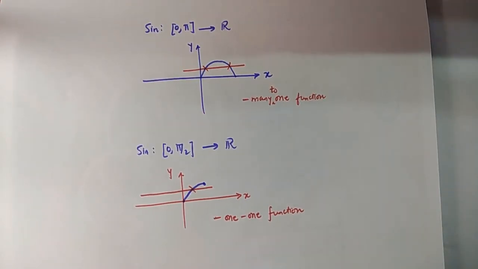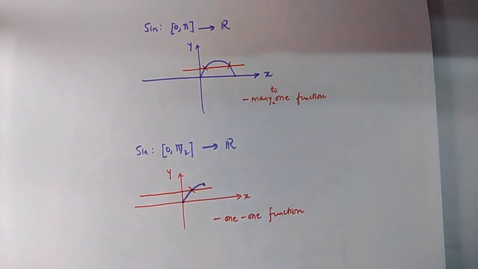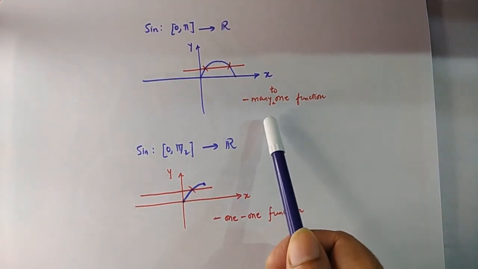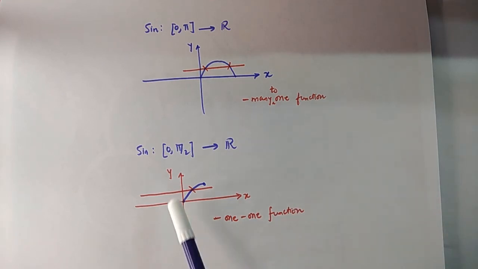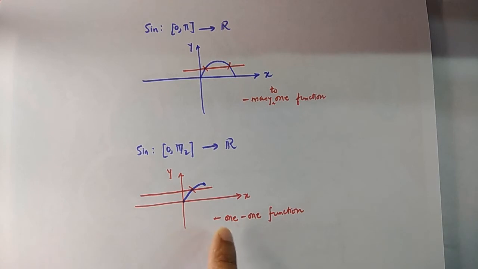Sine function from the closed interval 0, pi to R has the following graph, and as you can see there is a horizontal line which intersects the graph at 2 distinct points. So this is an example of a many-to-one function. On the other hand, the same function restricted to the closed interval 0, pi by 2 is a 1-to-1 function because any straight line parallel to the x-axis intersects the graph in at most 1 point.